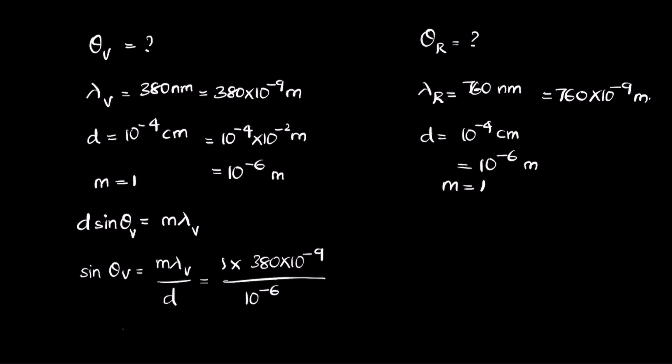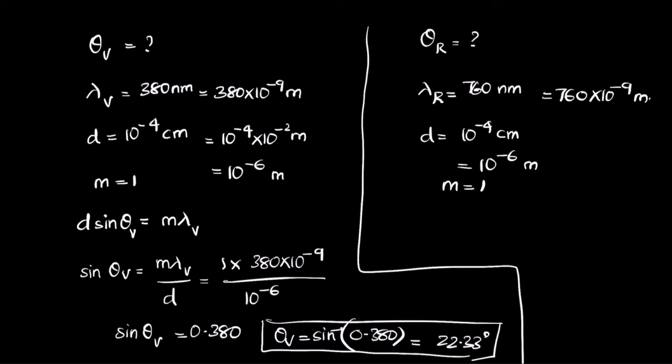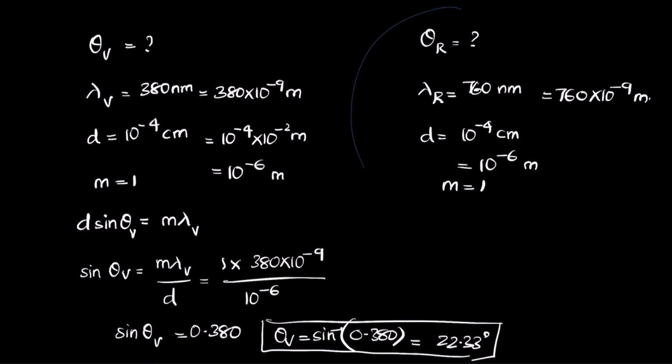When you calculate it, you should get sine theta v equal to 0.380. So theta v is sine inverse of 0.380, which gives a value of 22.33 degrees. Try to calculate using a scientific calculator and it becomes clear. So this is the first part of the problem. Now let's start the second part of the problem.